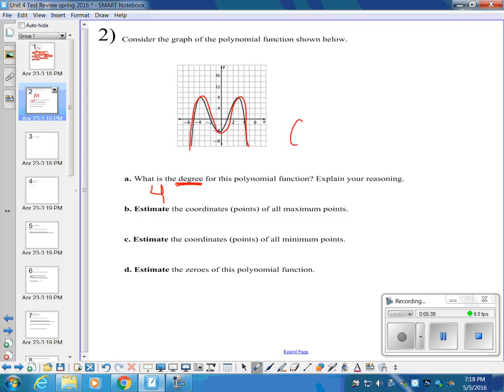That is called quartic. It doesn't ask for it, but just as a reminder. And explain your reasoning why you know it's 4 degrees. It changes 4 times. It goes up, down, or increasing, decreasing, increasing, decreasing.